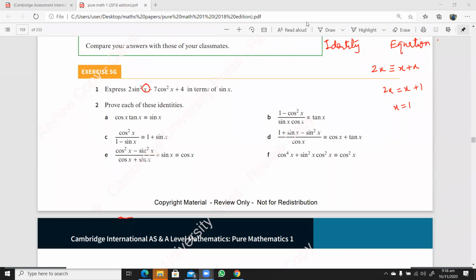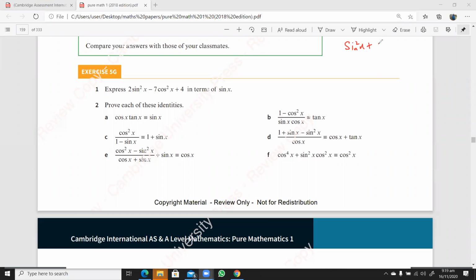So let's start now. This question number one, you are already familiar with this. It says express this in terms of sine x, okay? If you want to write this in terms of sine x, there is no problem with this sine square x, but you will be changing this cos square x, because this is the identity that you will be using a lot here.